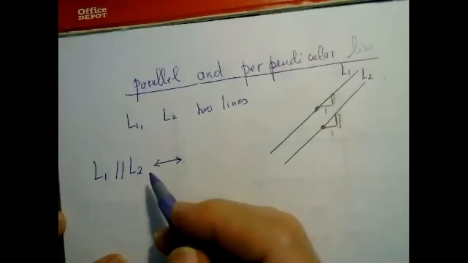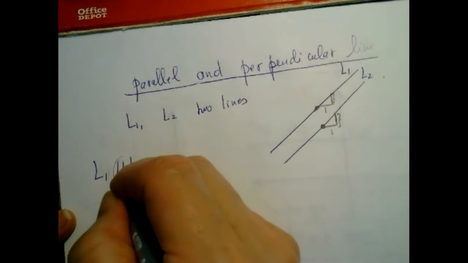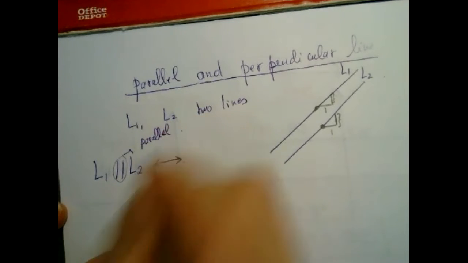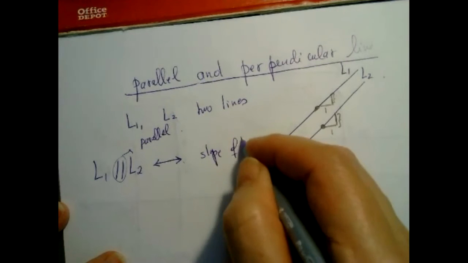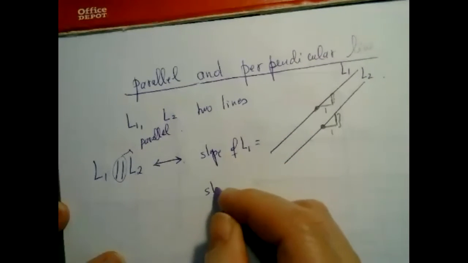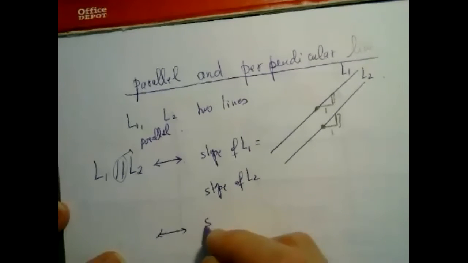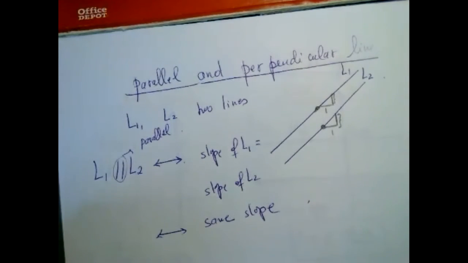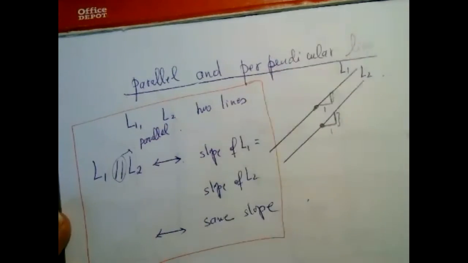That's the notation for parallel. It means that the slope of L1 equals the slope of L2. In other words, same slope or equal slope. So if two lines are parallel to each other, then their slopes are equal. If I know the slope of the first, I know the slope of the second.